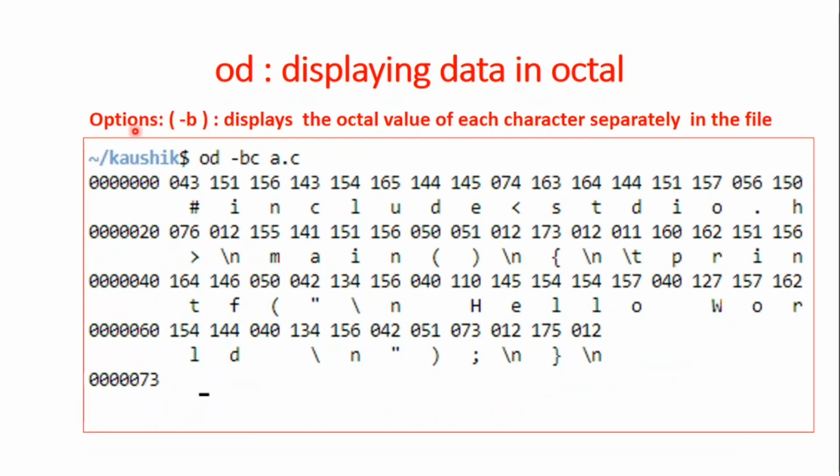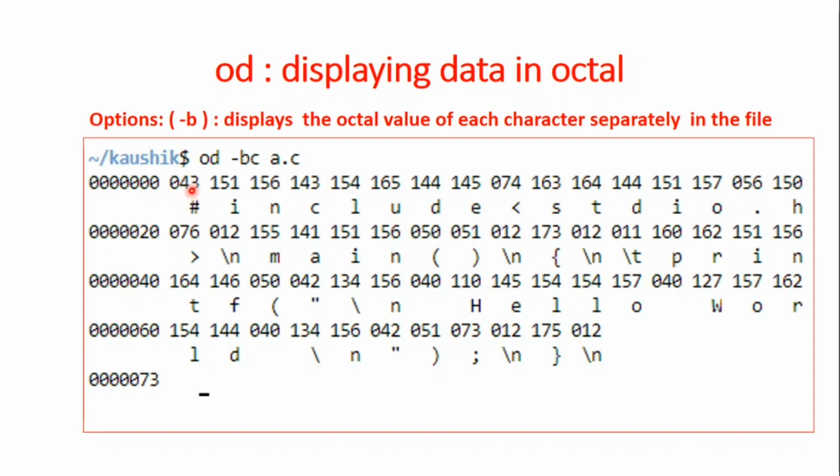And the option -b displays the octal value of each character separately in the file. Each and every character in the content of the file and its octal value will be displayed by making use of -b. If I combine it with -c, then I will get the octal value in the first line, and in the second line I will get the character representation of each and every character in the file.